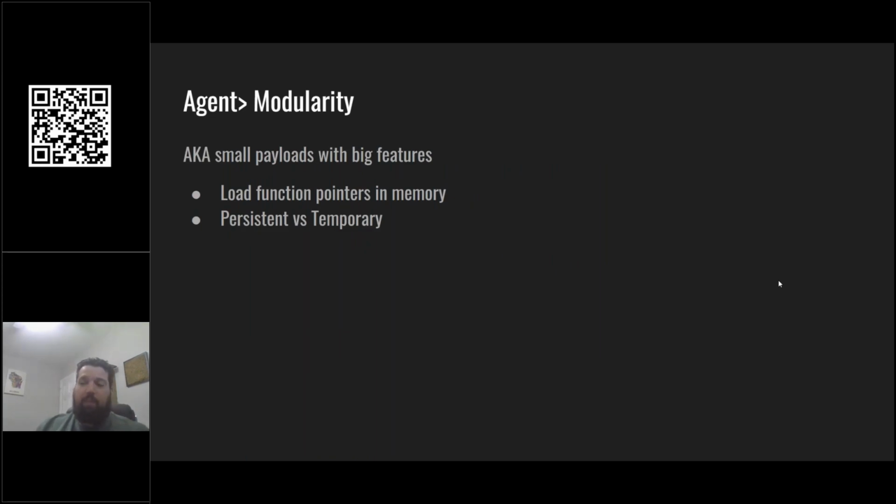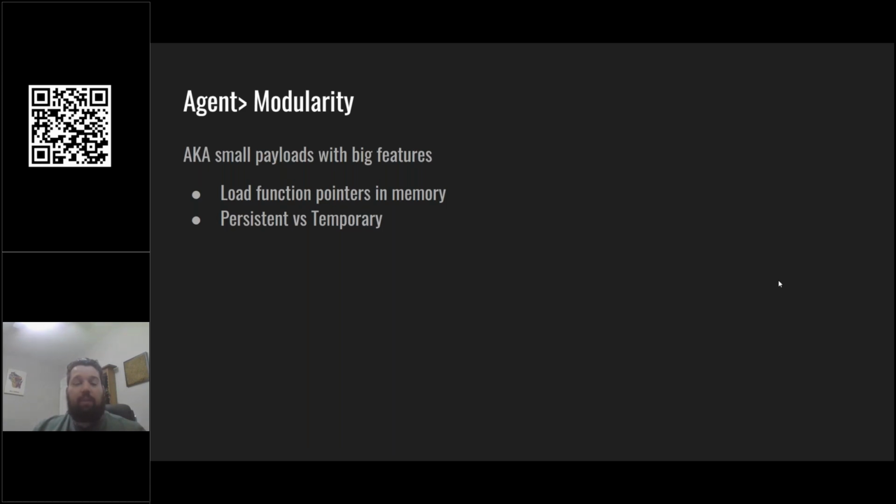Talking about modularity, aka how to have small payloads with big features. So for an agent design, a lot of times what you want to do is have the core implant. So you have a small bit of code that does a few things, maybe some file operations and module loading.